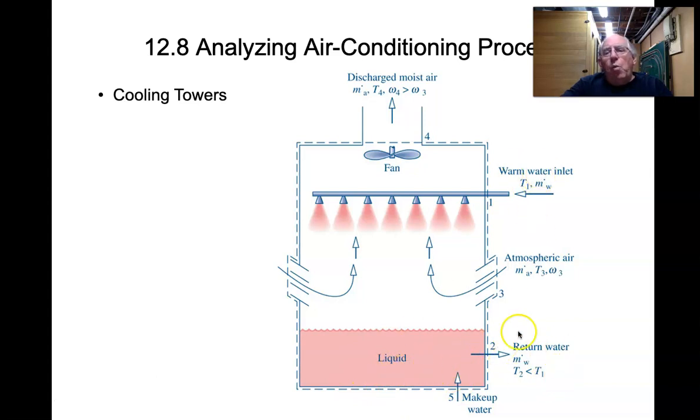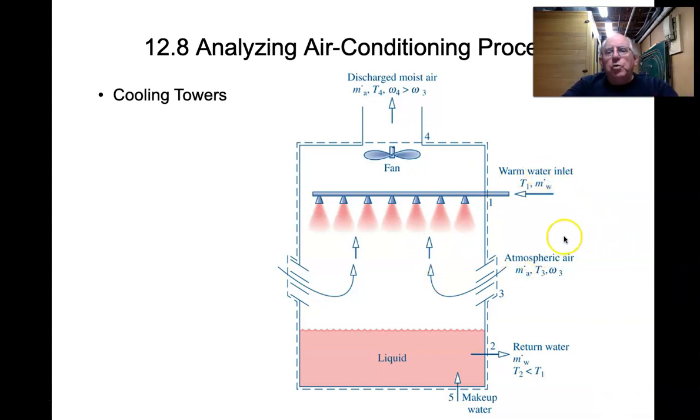We lose some water in the process, but we have to make up some water, and so we can talk about the temperature going down and the rate of water having dropped some. But if we balance these two water flow rates by putting in some makeup water, we then have a way to cool this warm feed water.